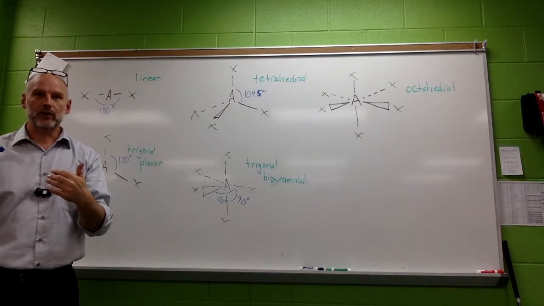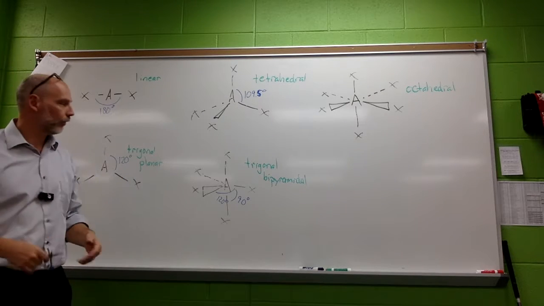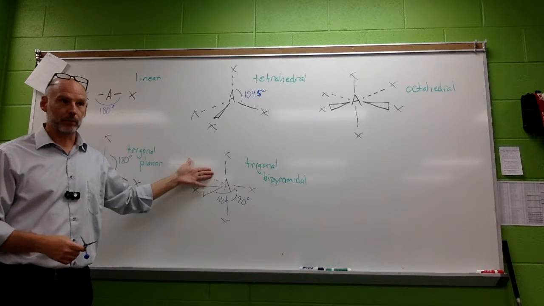That way when we're speaking to each other, because we're going to have to start talking about where the lone pairs are versus the bonding pairs, I'm going to say words like axial positions or equatorial positions.